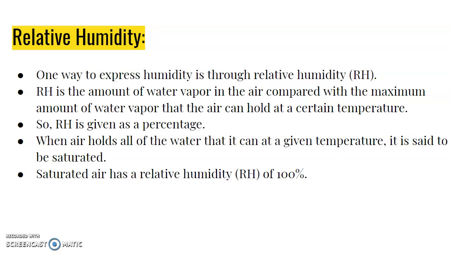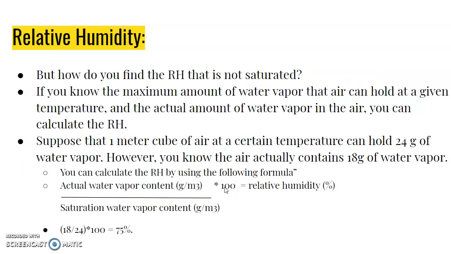When air holds all the water it can, so suppose it's really hot and the air can hold X amount of water, and it actually does hold X amount of water, it is said to be saturated. This means that the relative humidity of the saturated air is at 100%. It cannot hold even one more molecule of water at that temperature. So when it reaches that point, it is said to be at a relative humidity, or RH, of 100%.